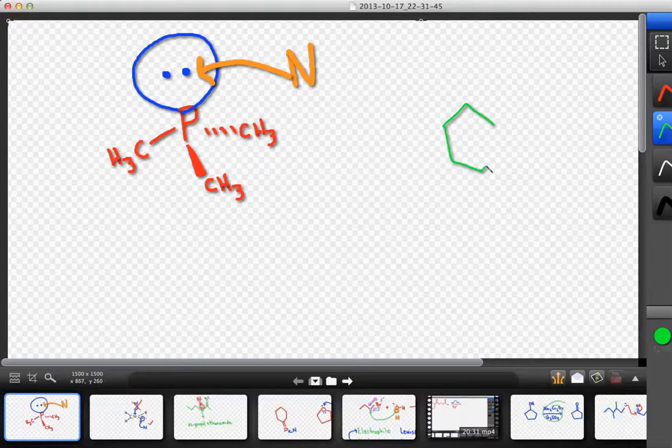Cyclohexanone. The nucleophilic portion of this molecule is simply going to be the lone pair of electrons.